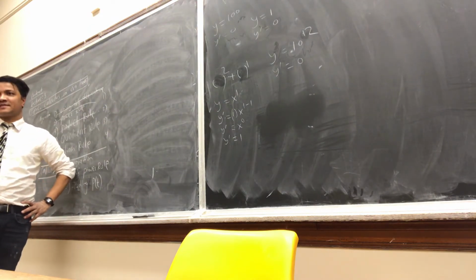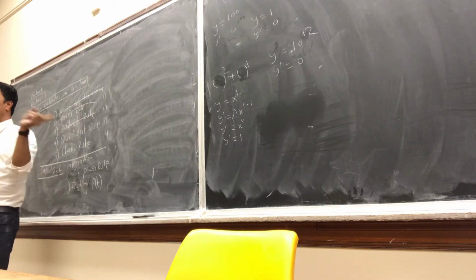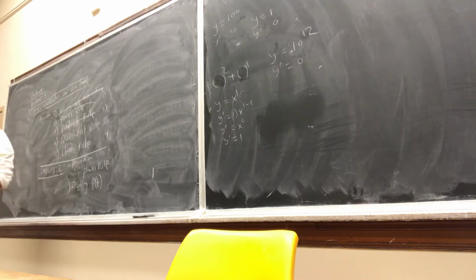Yes, that's right. You need to know the power rule to do the product rule, quotient rule, and chain rule. Everything is hidden. In the quotient rule, chain rule, and product rule, the power rule is hidden. So you must know the power rule. And why wouldn't you? Because the power rule is so easy. X raised to n is equal to n x to the n minus 1. So that's all you need to know.